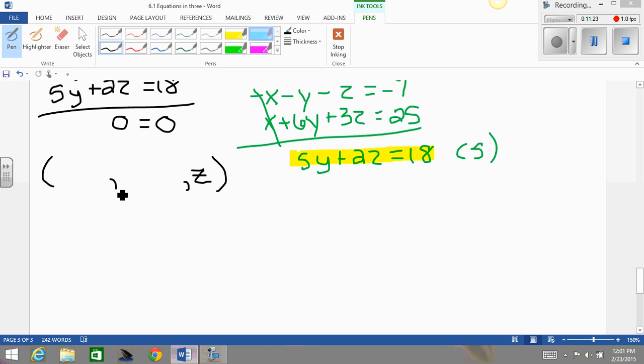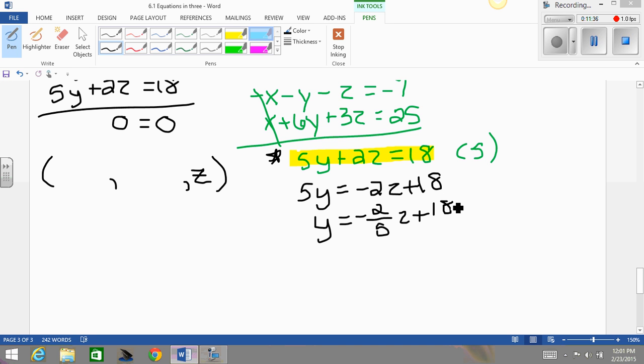So we can really easily use this equation to find what y would be just by isolating the y. Okay? So now that's this right here. Remember, we want everything in terms of z. All right? But now we need x in terms of z as well.